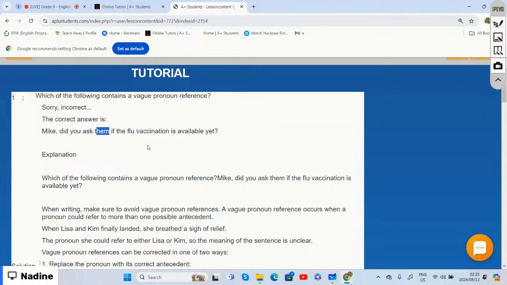All right, so the sentence is unclear because it says, Mike, did you ask them if the flu vaccination is available yet? Them. So now the question is, who is them? If you need to ask yourself who is them, then it means that your sentence is unclear.